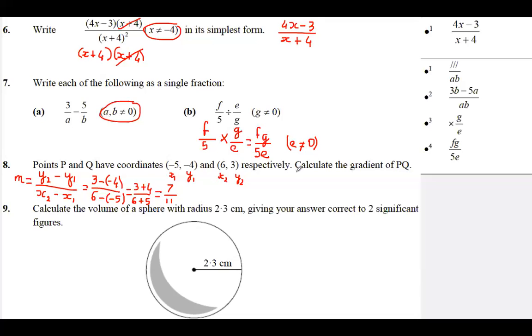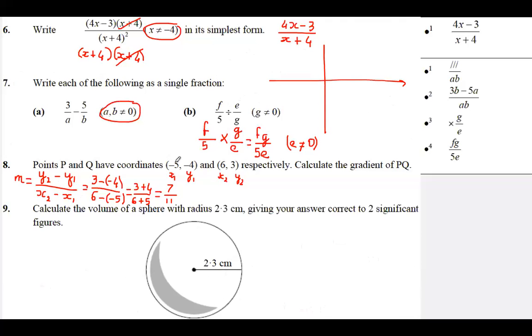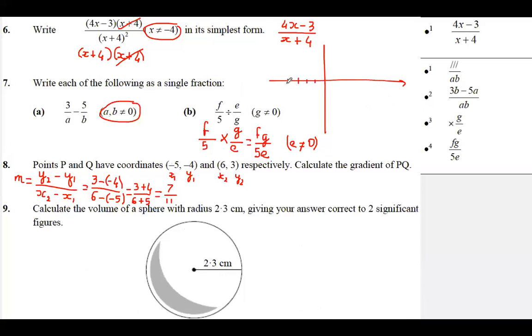So, if during the exam you get a bit of time and you think, oh, I want to check this. Did I get it correct? Is it y2 minus y1? Is it x2? Imagine you get a blank. This is your best friend. You just go on your paper. Minus 5, minus 4, so that's about minus 1, minus 2, minus 3, minus 4, minus 5, minus 1, minus 2, minus 3, minus 4.